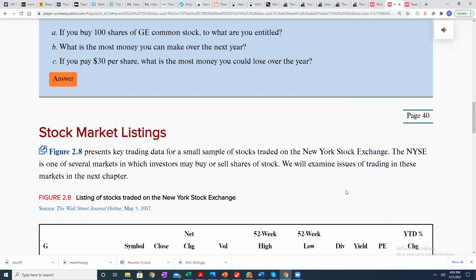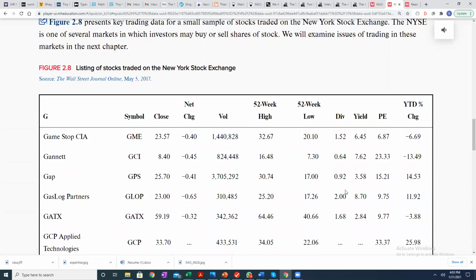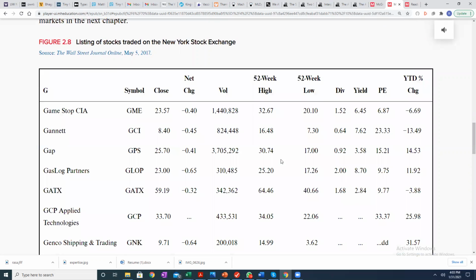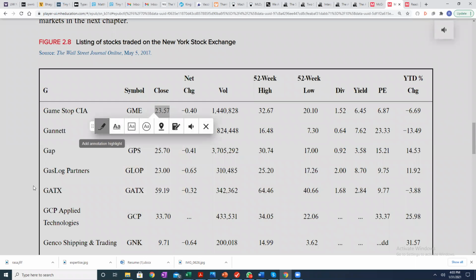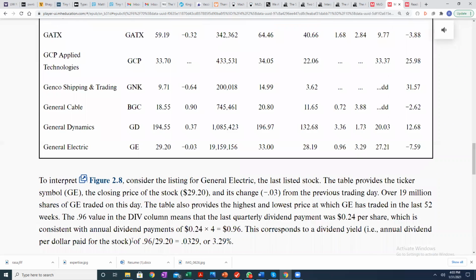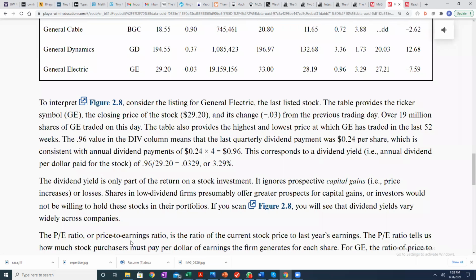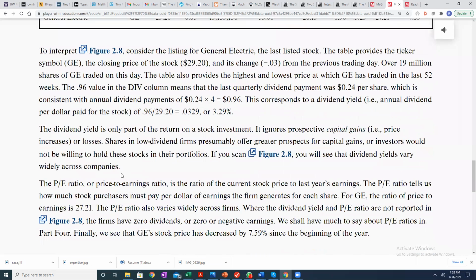So here's some of the key trading data for different companies in 2017. The same GameStop has now gone to a much larger amount this past week. The closing price of the stock for G was $29.20. Over 19 million shares were traded on that particular day.